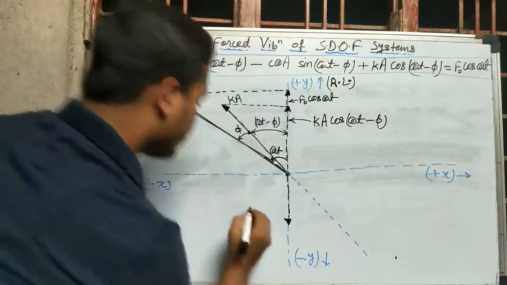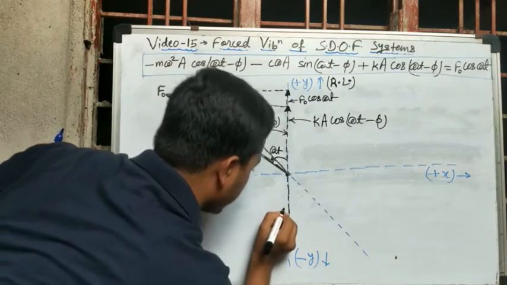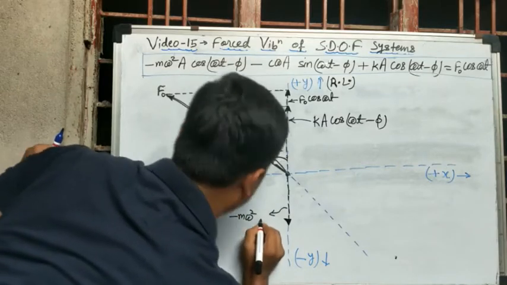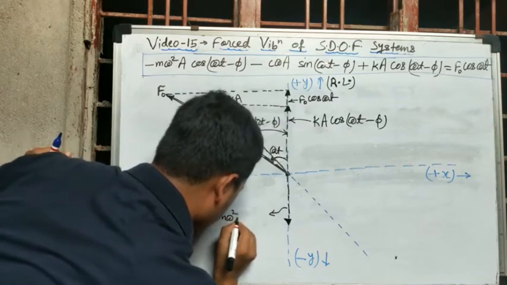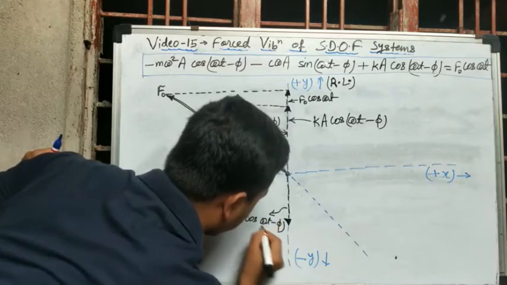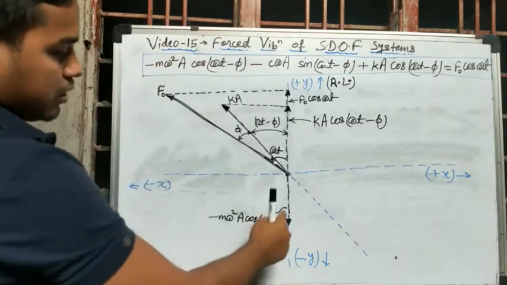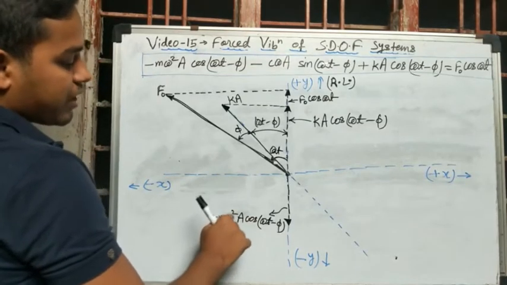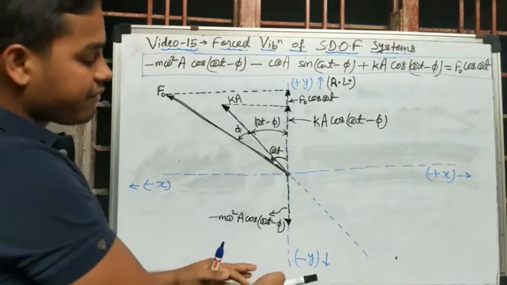This component should be equal to minus m omega square a cos omega t minus phi. Right? This component of the forces is such that it is equal to minus m omega square a cos omega t minus phi. It is minus force, that's why I am drawing on the downward direction or negative y axis.